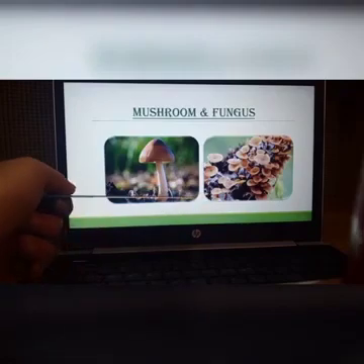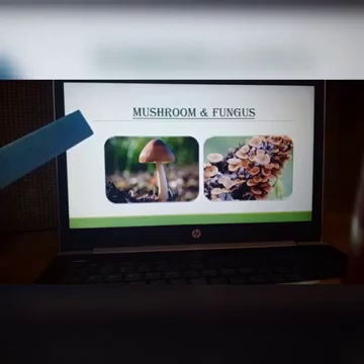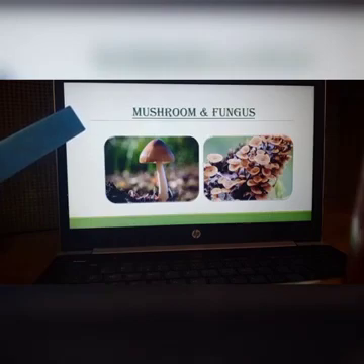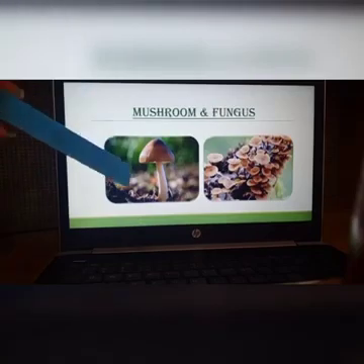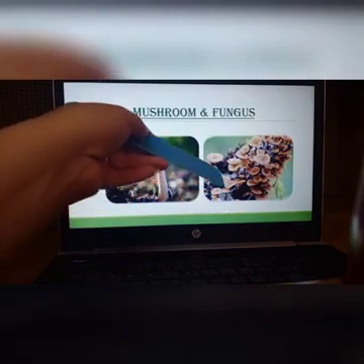Saprophyte, I think I already told you. Saprophytes are organisms that feed on dead and decaying matter. Dead and decaying matter means, as you can see in this image, this is fungus and it is growing on a dead branch.